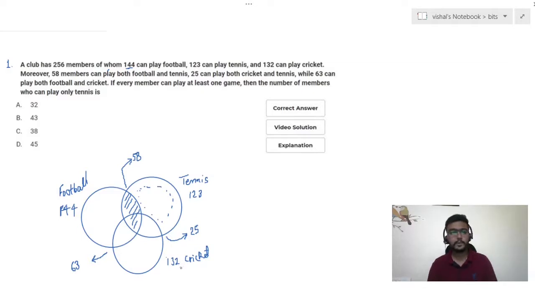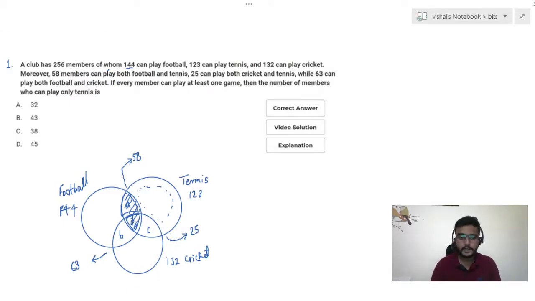So how will we approach this question? Whenever this type of question is asked, you just mark some points. Let's suppose this area is A, this area is B, this area is C, and this common area, which is common to all three, is D. That means A, B, C and D. So how can we write all four variables in terms of one variable?